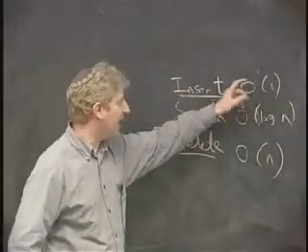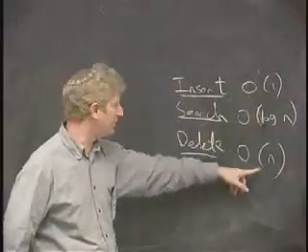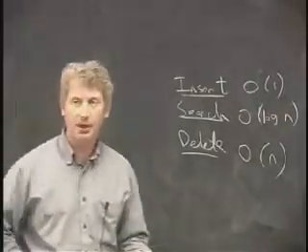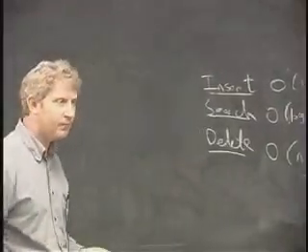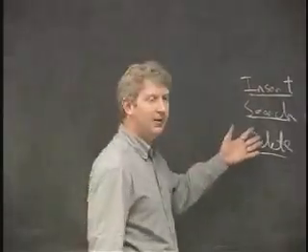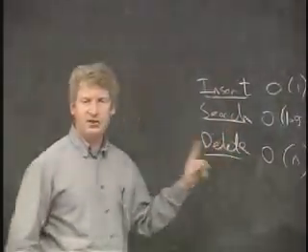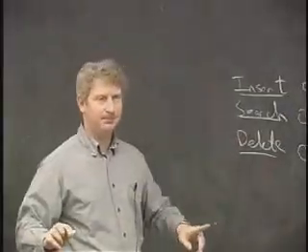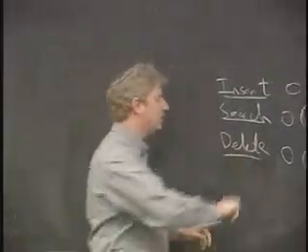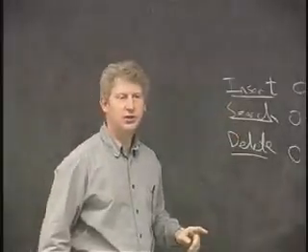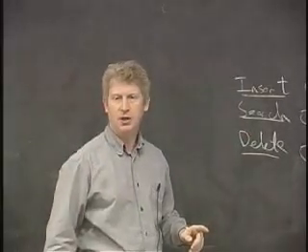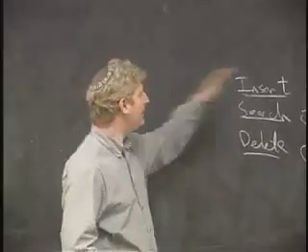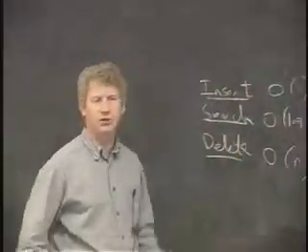The worst case for this is constant. The worst case for this is log n. The worst case for the deleting is order n. Let's just say that's the way it is. But it turns out that when you actually go ahead and use this data structure, there is never a time where you get a lot of deletions relative to the insertions and the searches. It turns out that, let's just say, we have n times as many insertions as we do deletions.